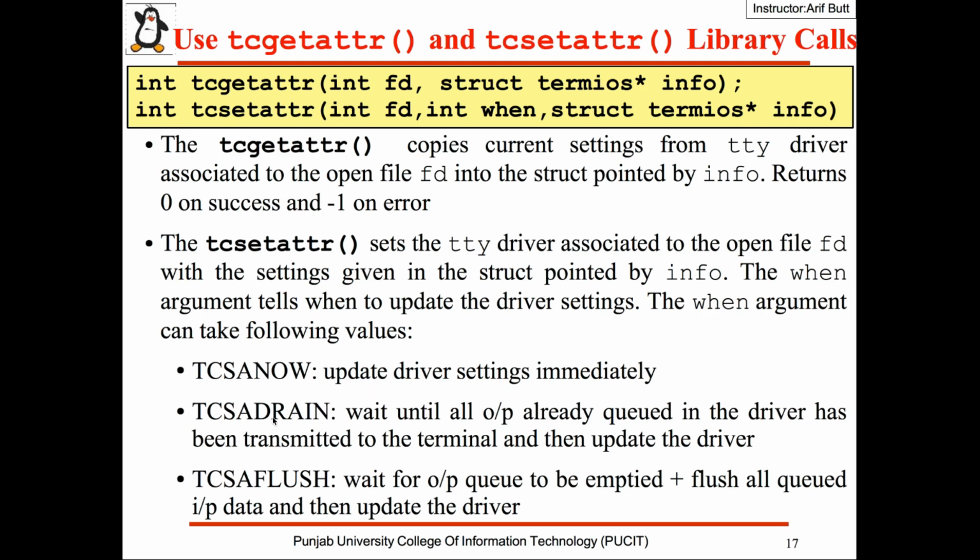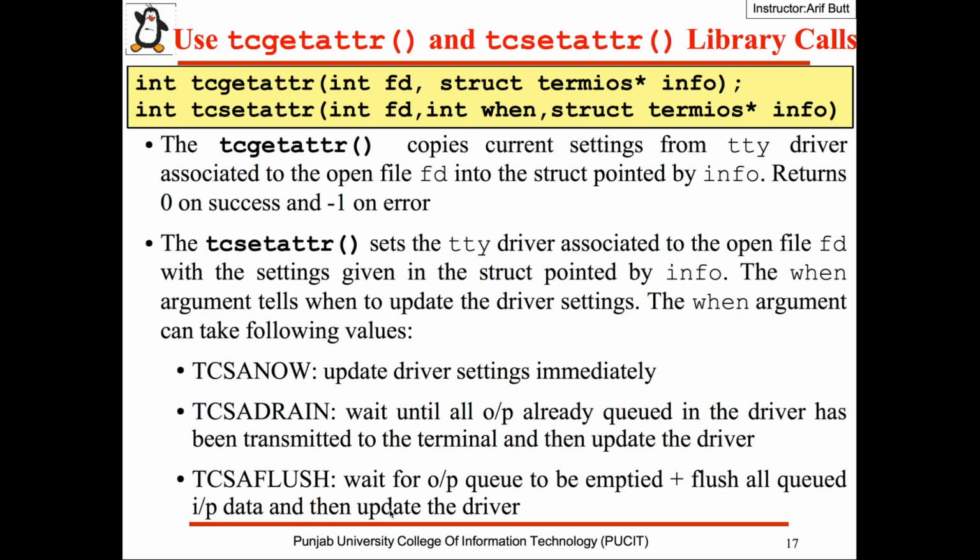You can pass TCSADRAIN, which says wait until all output already queued in the driver has been transmitted to the terminal and then update the driver. Or you can pass TCSAFLUSH, which says wait for the output queue to be emptied, plus flush all queued input data, and only then update the driver. Please do see the man page of these functions for detail.